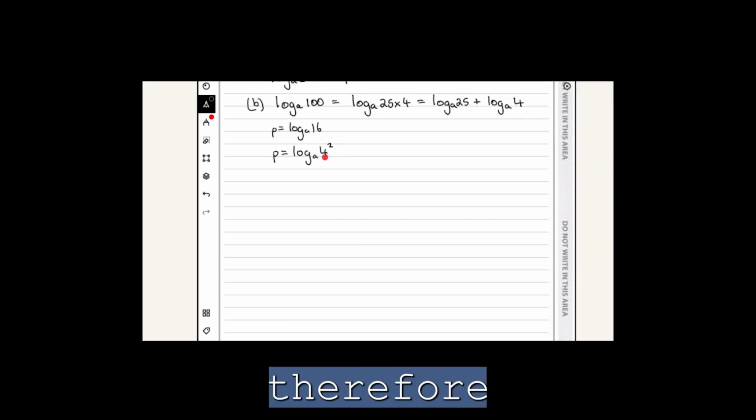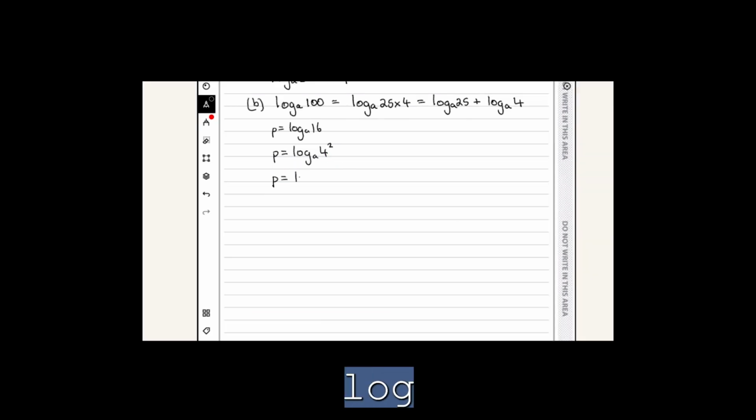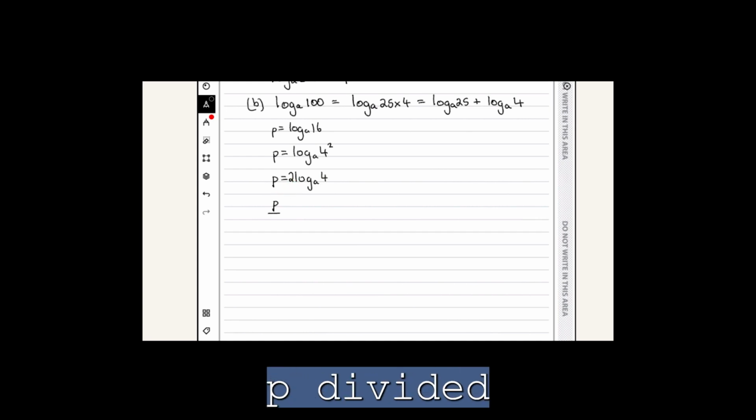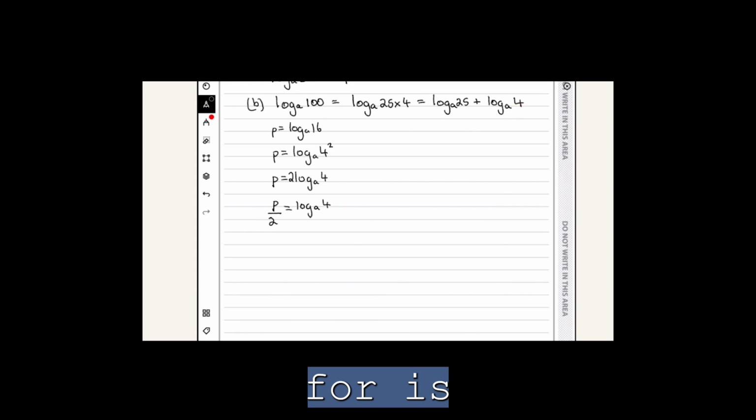So P equals 2 log A of 4, remember from my rules of logs, and the 2 can come down. And so therefore P divided by 2 equals log base A of 4. So here we are, log A of 4 is P over 2, and log A of 25 is Q. So this equals Q plus P over 2.